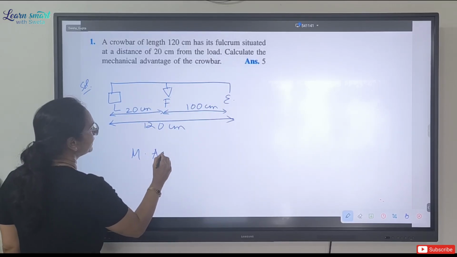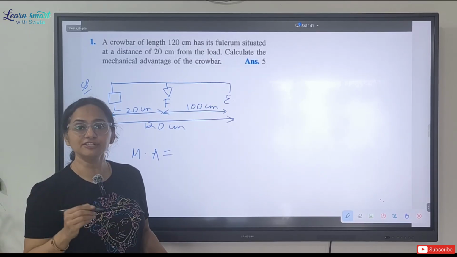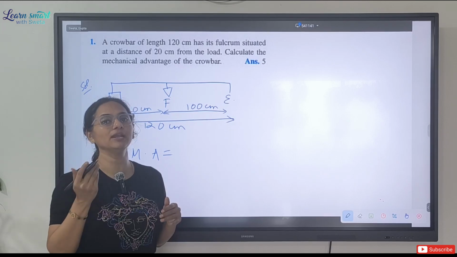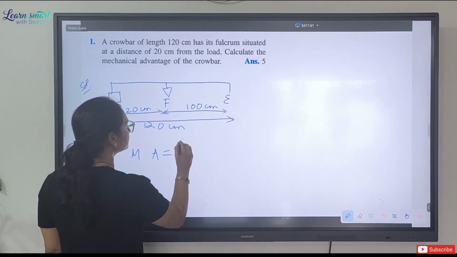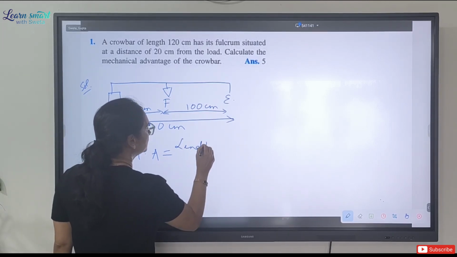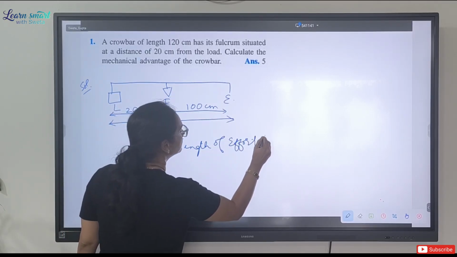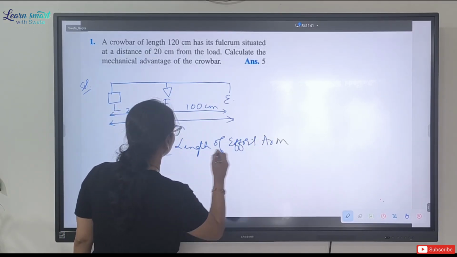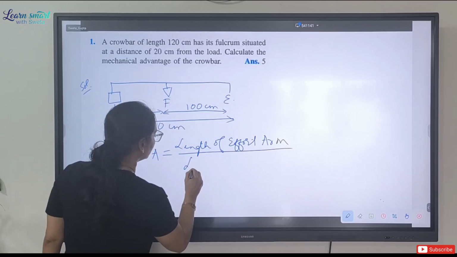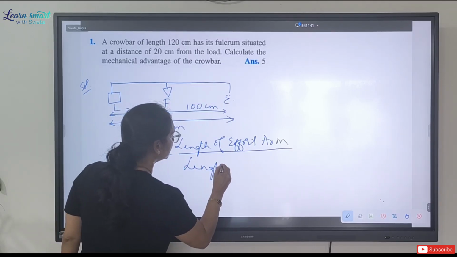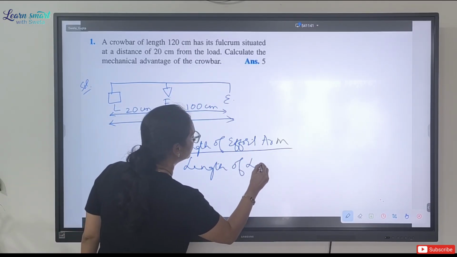So, mechanical advantage equals effort arm upon load arm. We will write that: length of effort arm upon length of load arm.